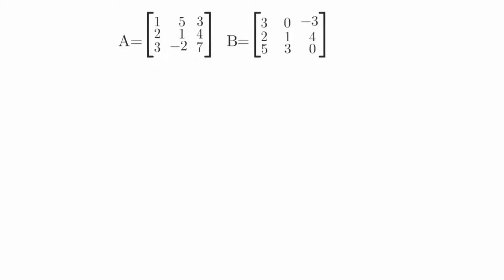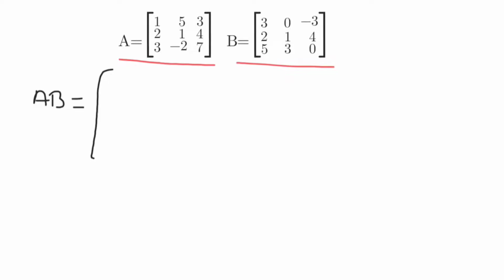Now we are going to multiply two 3 by 3 matrices. Here are two 3 by 3 matrices, matrix A and matrix B, with 3 rows and 3 columns. So what will be the resultant matrix AB? How do we find the resultant matrix AB? The process is the same as for the 2 by 2 matrix.